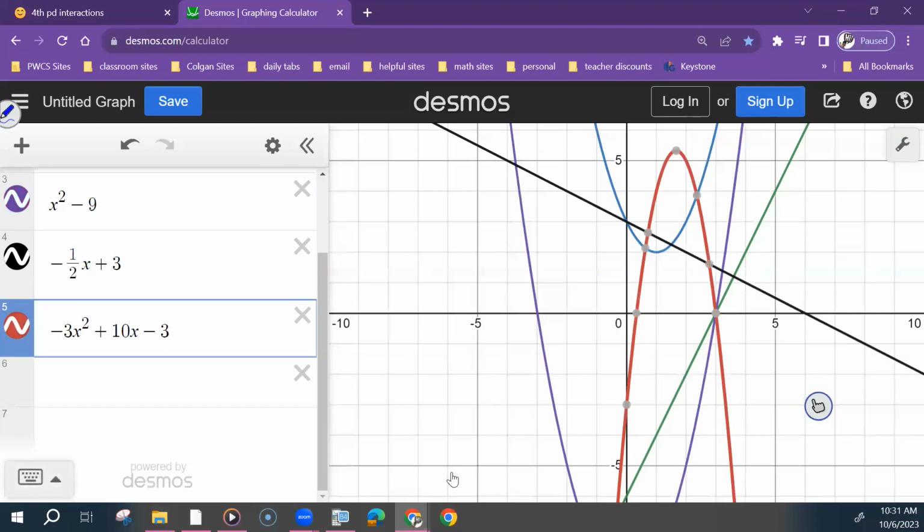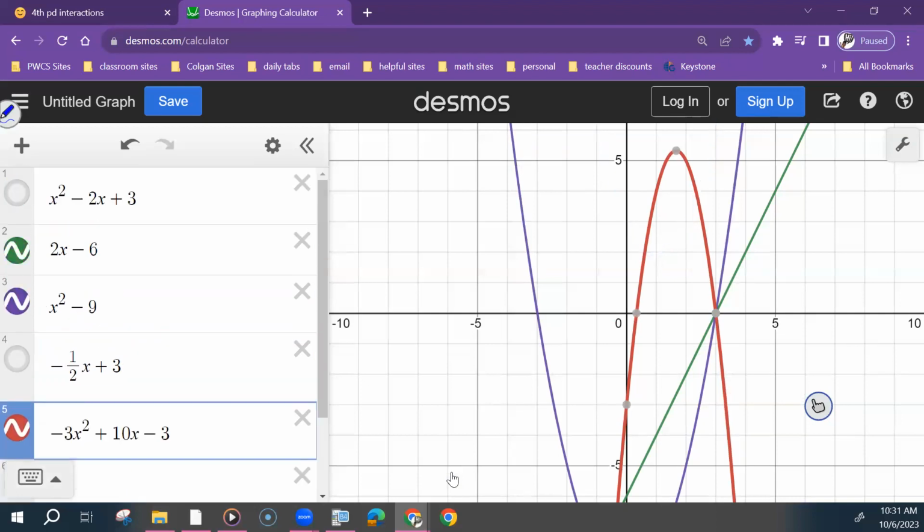Look at this. So here we're looking for which of these go through this. You know this black line right here does not, so I can get rid of it. It looks like this blue line does not, so I can also get rid of that. That means everything else has an x-intercept, and you could circle all of those. So 2x minus 6, x squared minus 9, -3x squared plus 10x minus 3.